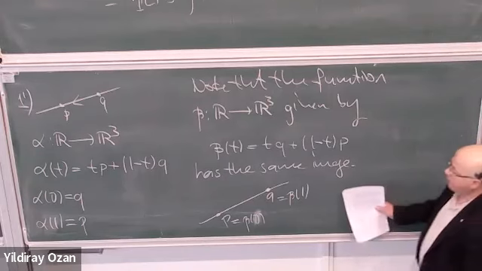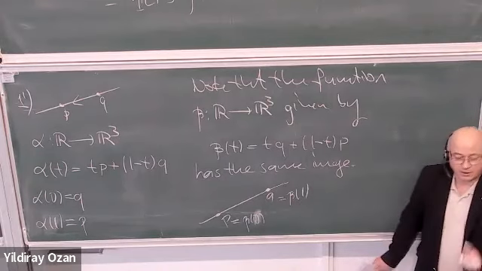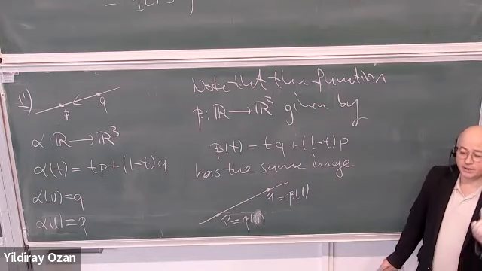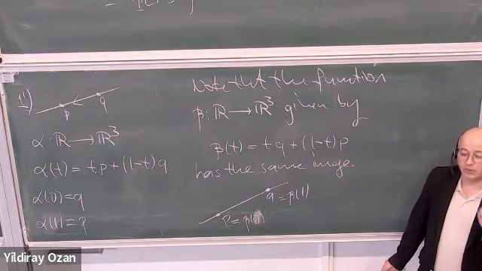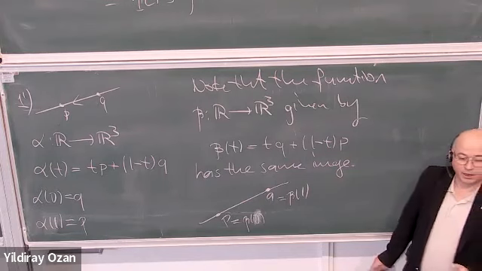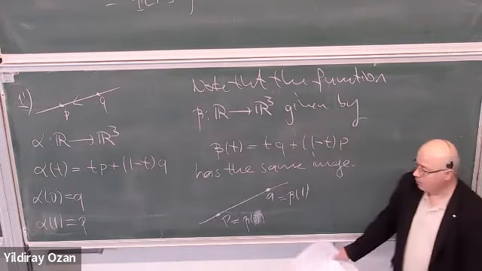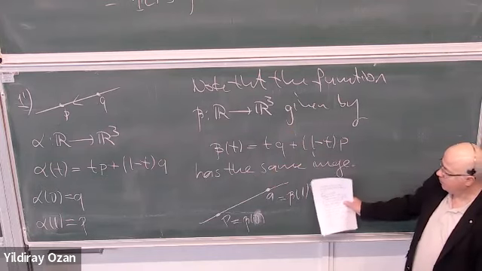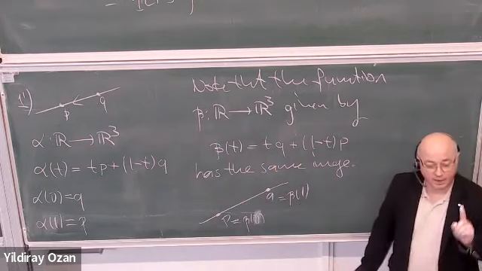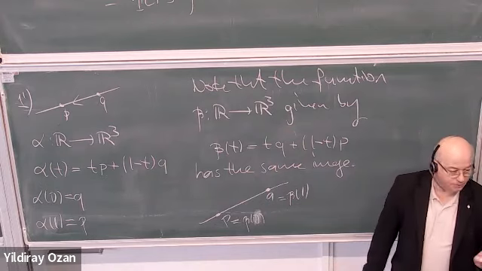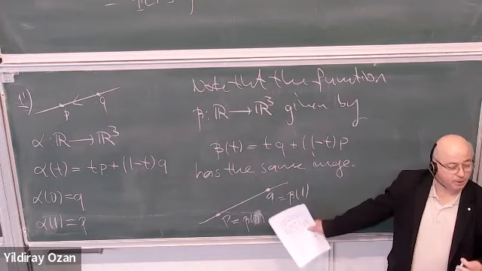So we have two different functions parameterizing the same line in R3, the line joining P and Q. These objects have the same image, but as curves, they are different, okay? Because their expressions are different.